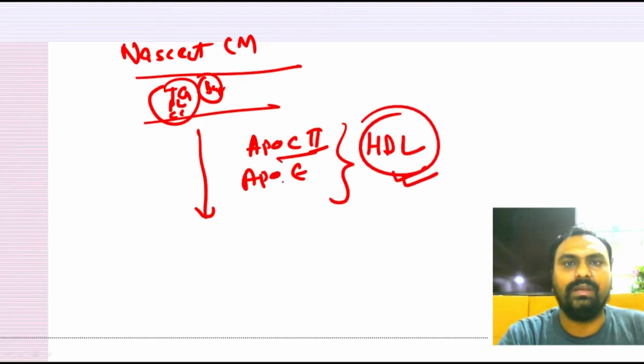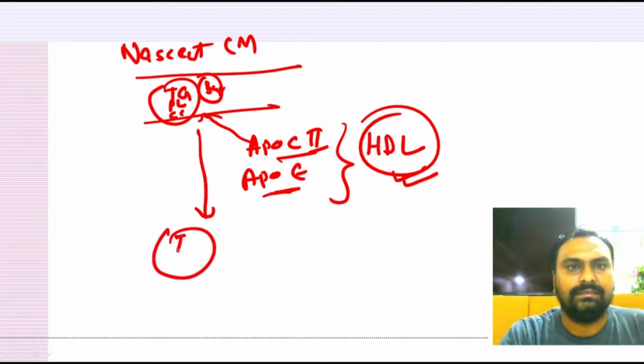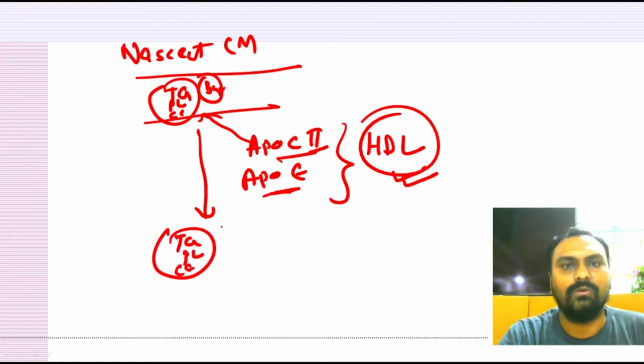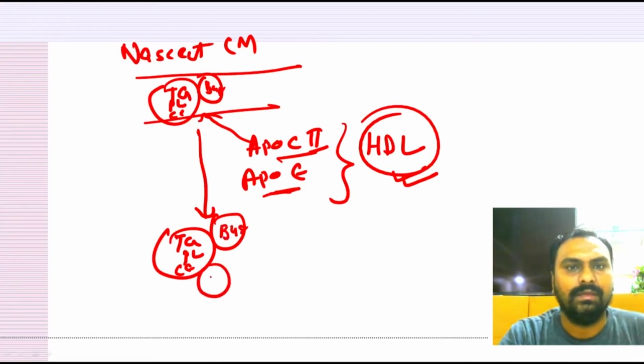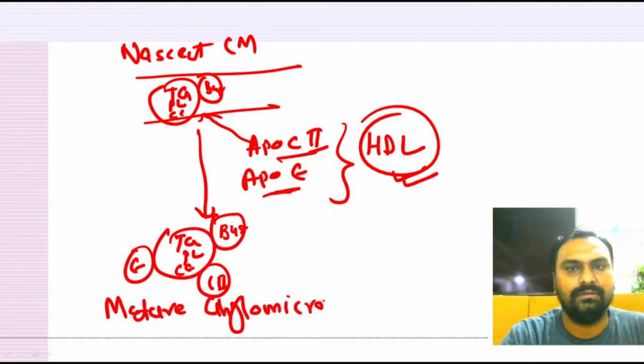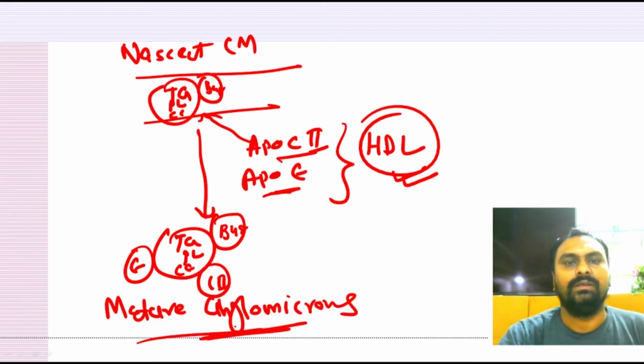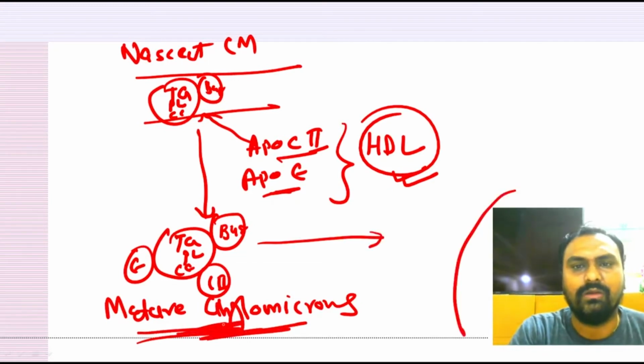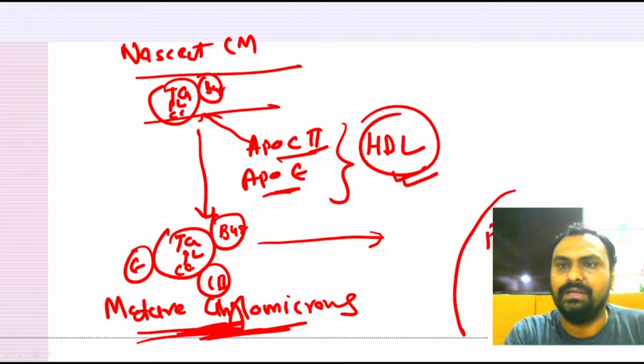So the ApoC2 and ApoE from HDL are given to the nascent chylomicrons, and then this phospholipid, triglyceride and cholesterol ester along with ApoB48, ApoC2 and ApoE is called a mature chylomicron. Okay. Now this mature chylomicron will go to the peripheral tissue.